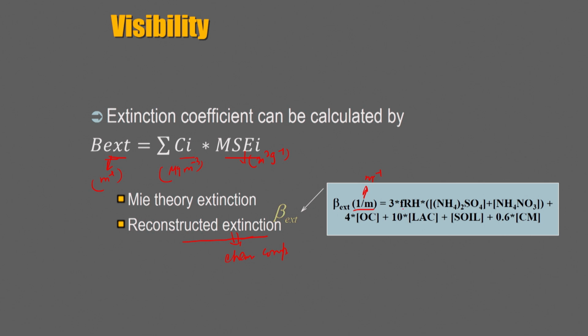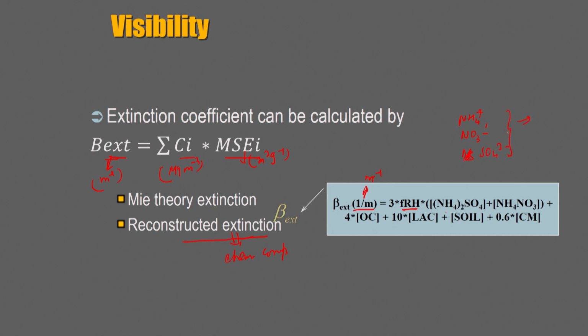This extinction is a function of relative humidity. In the atmosphere, most of the time ammonia will be converted to ammonium ions, NH4 plus, and you have nitrate ions and sulfate ions.